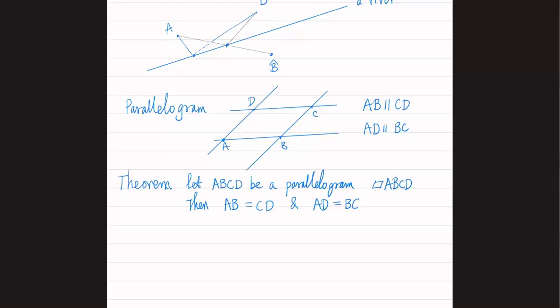Okay, let's think about this. Why? The two sides parallel, and the two sides parallel. Why must they have the same length? We know it is true, but we also want to know why.